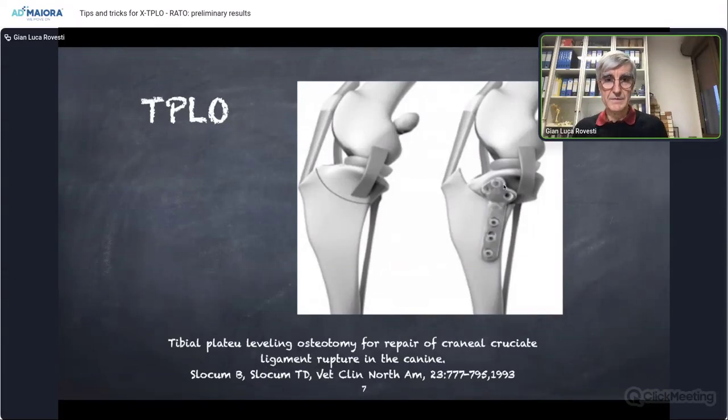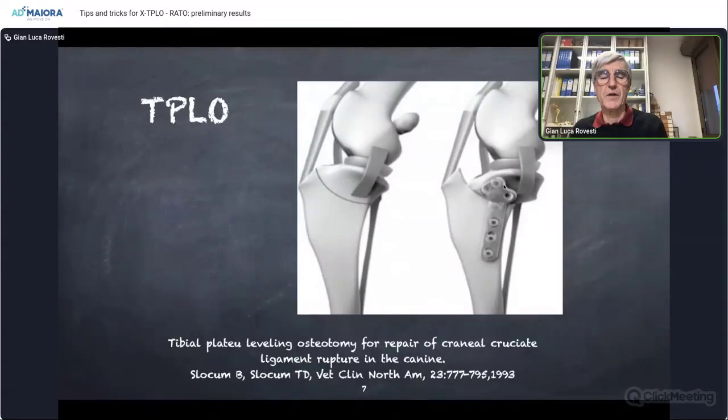This means, and this is my interpretation, that even though the theoretical explanation of the stabilization is related to the angle of the tibial plateau to the long axis of the tibia, actually with the pre-flexed position of the stifle, we are transferring the stabilization duty to the caudal cruciate.